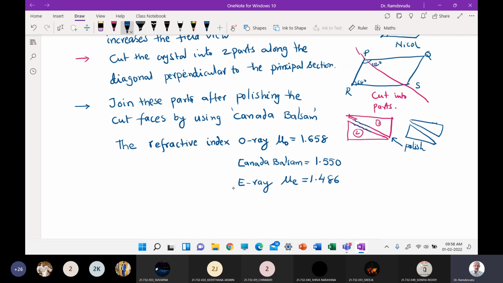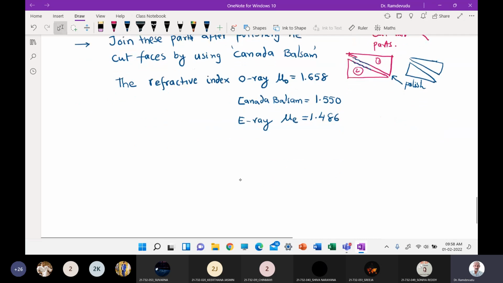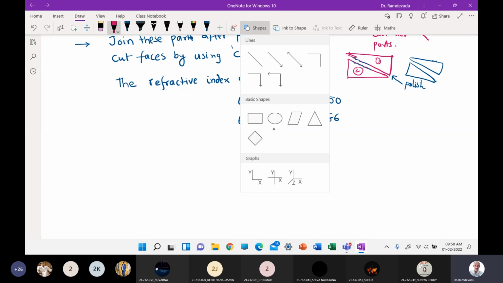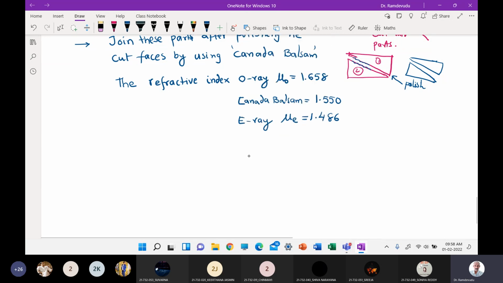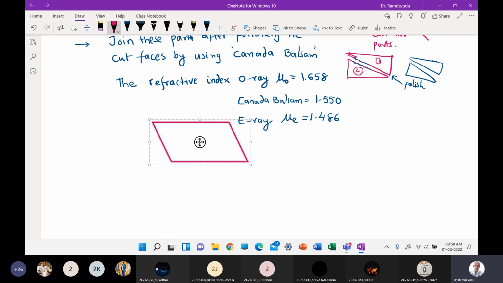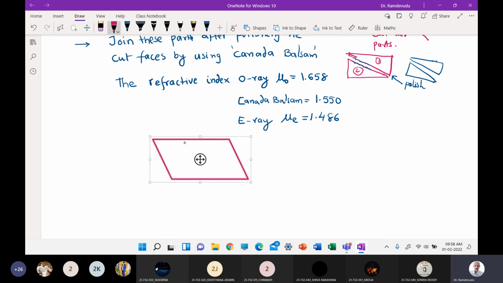Now, how it works, we can explain by drawing a figure. I am taking the cut surfaces joined by the Canada balsam. I just draw it something like this. This is the principal section which I have taken.